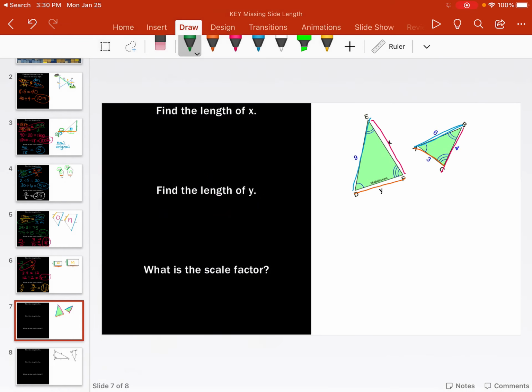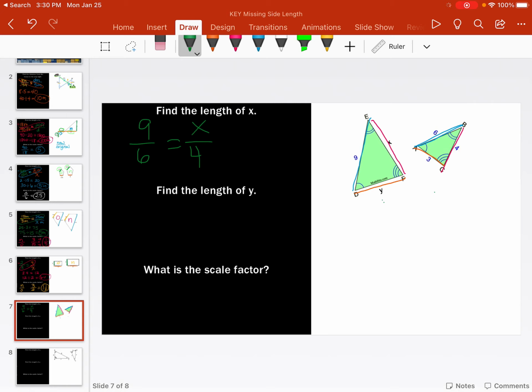So for length X, I'm going to use the blue, the ones that match already. So these two, okay? And I'm using my pink ones, the one that matches the X. So I'm going to do 9 over 6 equals X over 4. Notice I have the X on top this time because I'm going from left to right.